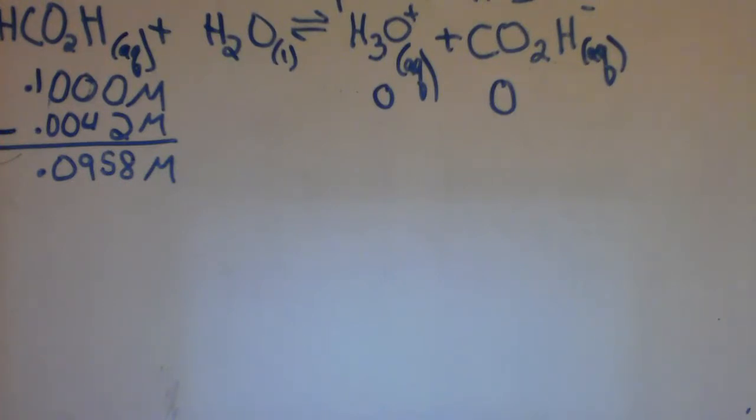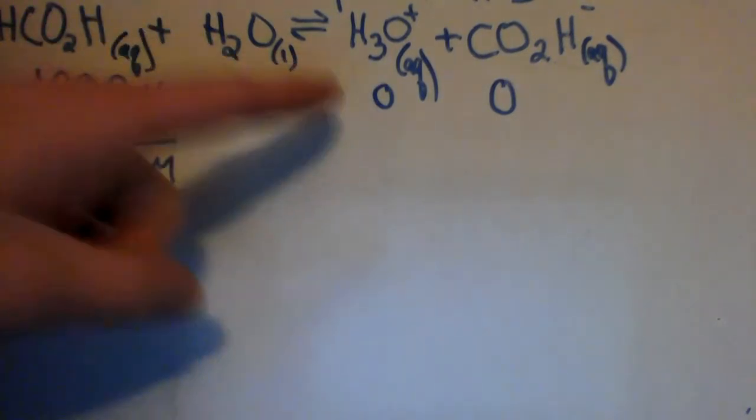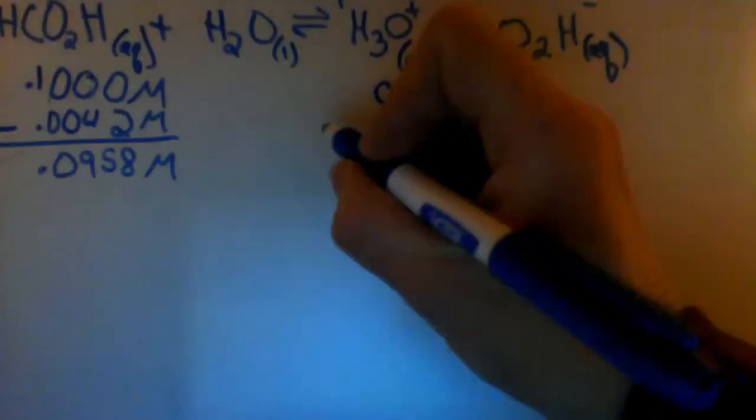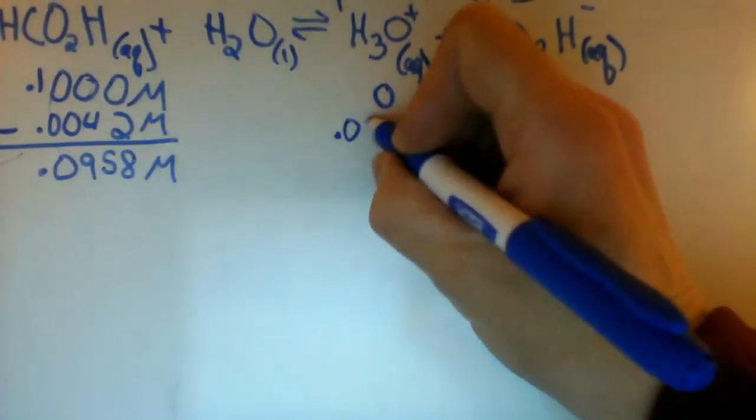Now, at the beginning of the reaction, there were no hydroniums and no conjugate bases of the formic acid. As the reaction proceeds, it tells us that when it gets to equilibrium the concentration of the hydronium is 0.0042.